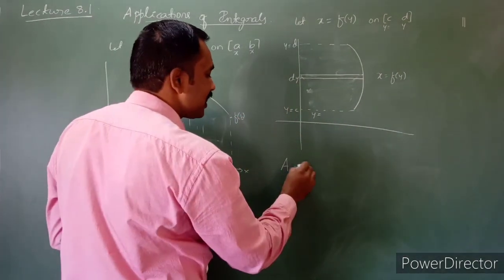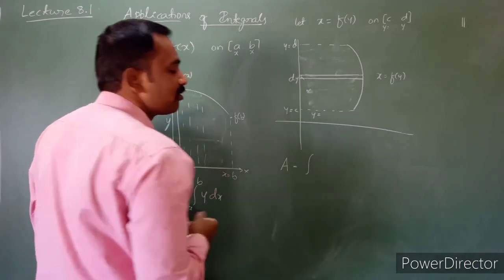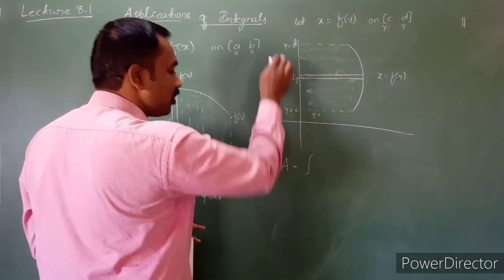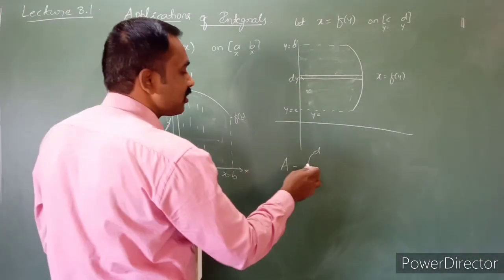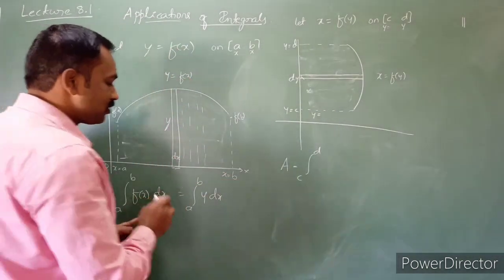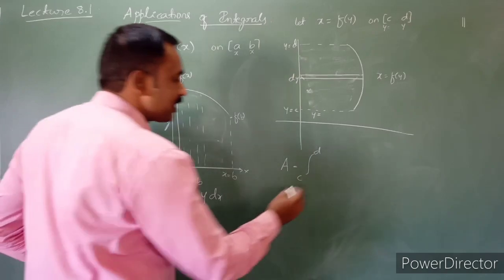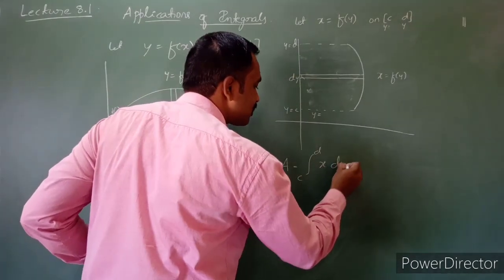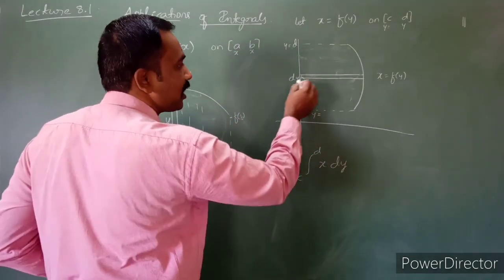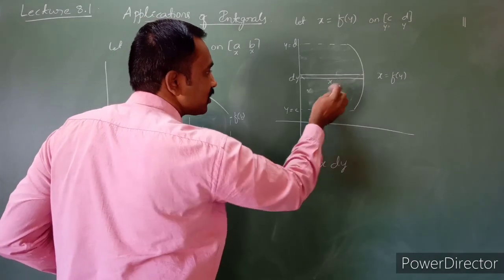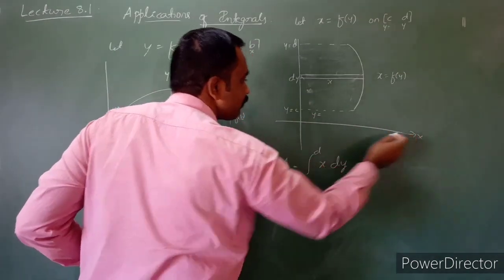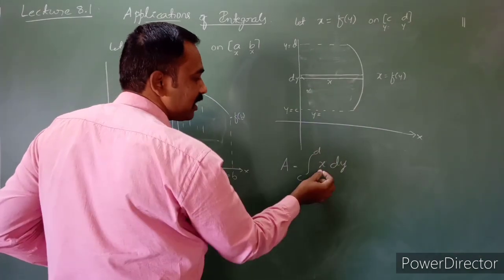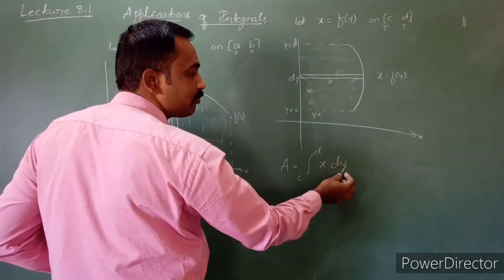So what is the area under the curve? The area is the integral from the lower limit to the upper limit, c to d. Earlier we wrote f of x into dx, or y into dx. Here we have x into dy, length into breadth. The length is x, taken along the x-axis, and the breadth is dy.